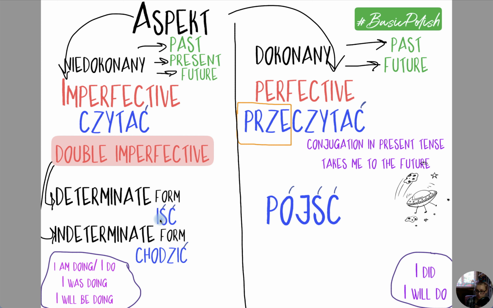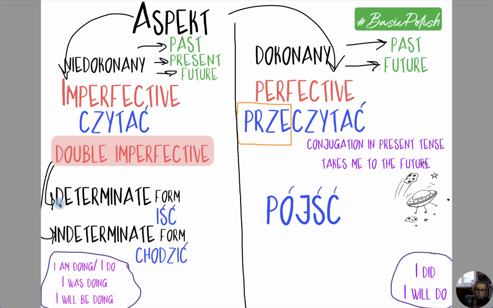But these types of verbs, motion verbs, are double imperfectives because they have two forms. You don't even have to worry about this strange vocabulary, this lingo. But let me just tell you so that you know. Some of you are perfectionists and want to know it all, so this is for you.